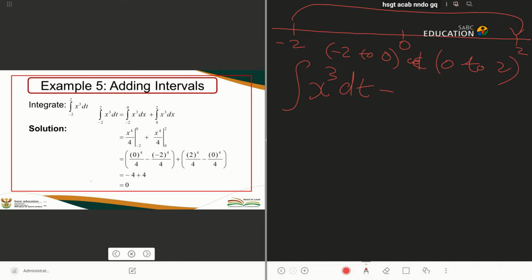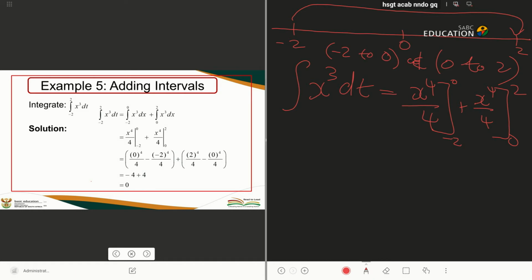This is going to be equal to x to the exponent of 4 over 4, from -2 to 0, plus the very same x to the exponent of 4 over 4, but now from 0 to 2. When you do your substitutions, it will give you the value of 0.